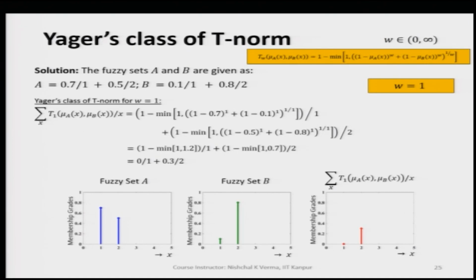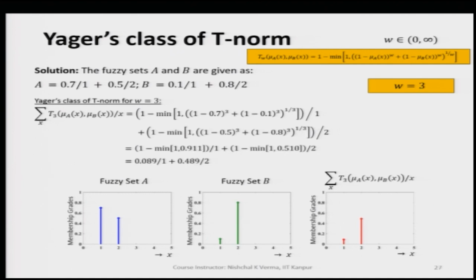And when we see the Jaeger's class of T norm, when we increase the value of W, we see the change in the membership values of the resulting fuzzy set, which is out of the intersection of fuzzy set A and fuzzy set B.